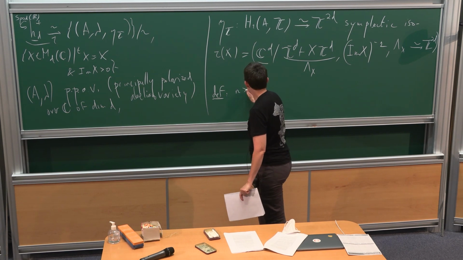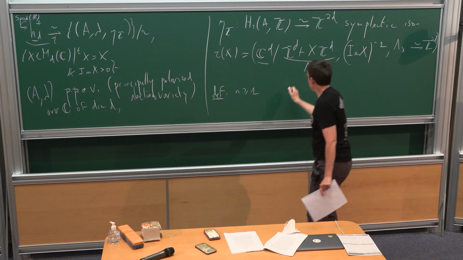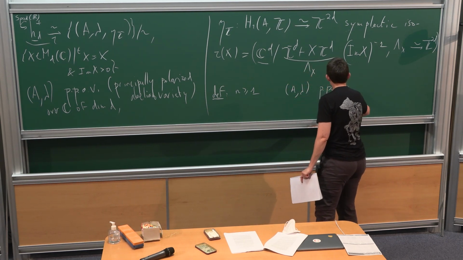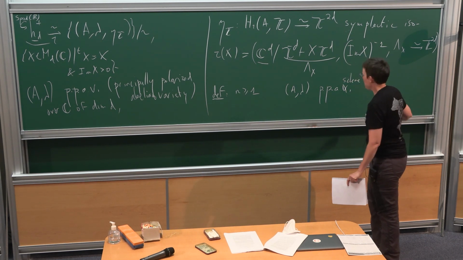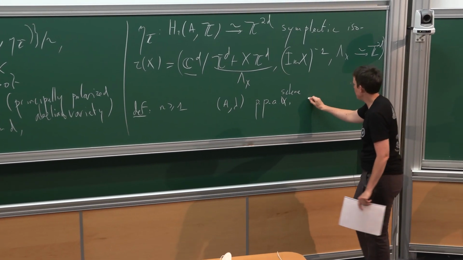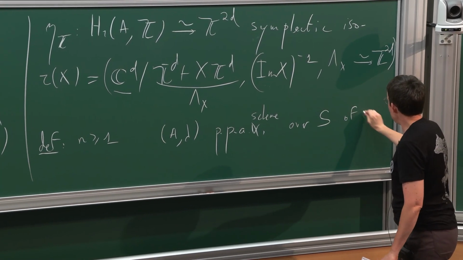Take n a positive integer and take A lambda a principally polarized abelian variety. I'm going to write PPAV even if I'm over another base, over some scheme S, of relative dimension d.